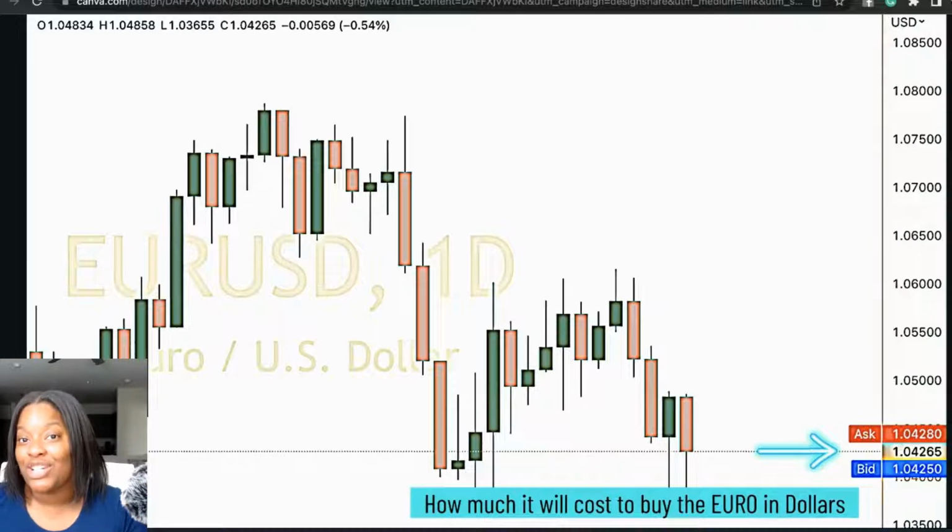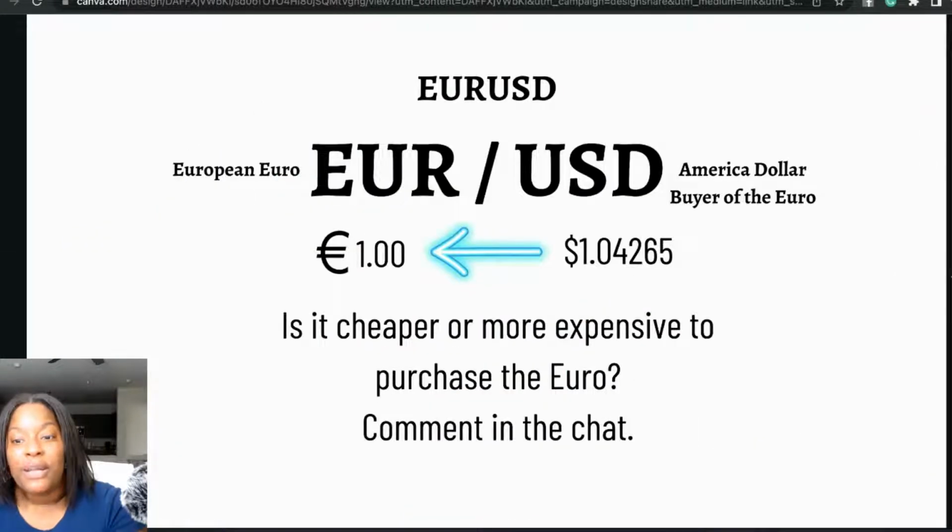It is 3 cents cheaper to purchase the euro as the consumer or as the customer. It is cheaper. And we're going to talk about that in a little bit. Would you rather purchase the euro at $1.07 or $1.04? And it's even cheaper today because price just dropped. The dollar just went back up. So price just dropped. It's even cheaper.